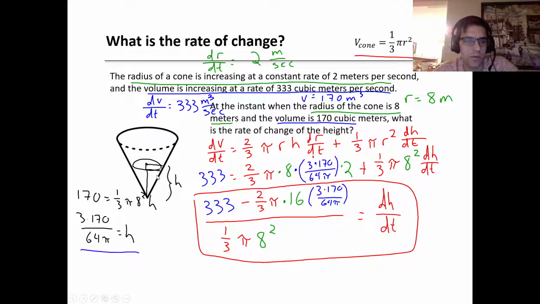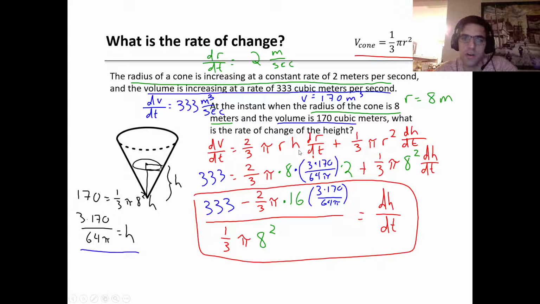Well, the height is a function of the radius, right? So we do have to say, okay, the derivative of the volume of a cone, well, volume of a cone is right here. So the derivative, the rate of change of the volume of a cone, dV/dt, would be 2/3 pi r. And then this is variable r, variable h, so that is a product rule.